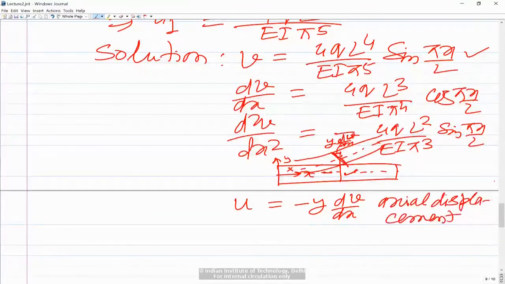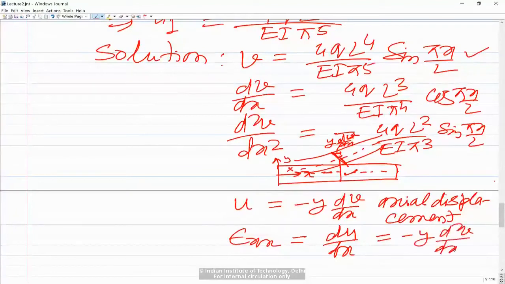So this is the axial displacement, and then when you want to get the strain, epsilon xx, in this case the non-zero independent strain is going to be epsilon xx, which is the derivative of u, du by dx. And du by dx in this case is minus y into d2v by dx square. So as you see, the strain is going to vary linearly as a function of y. You already know d2v by dx square, so you can calculate this at any point.